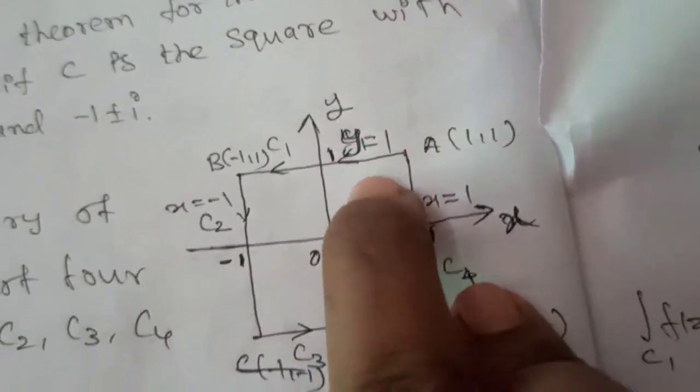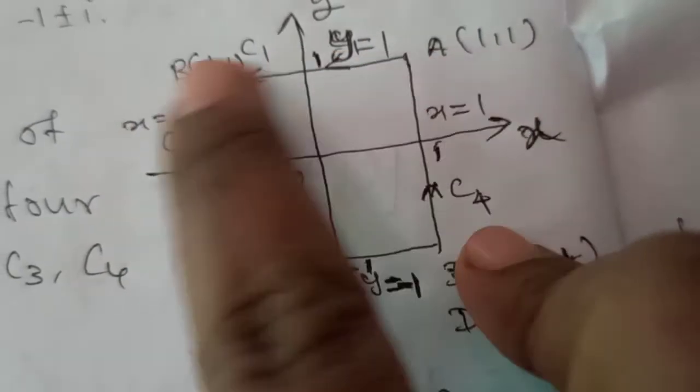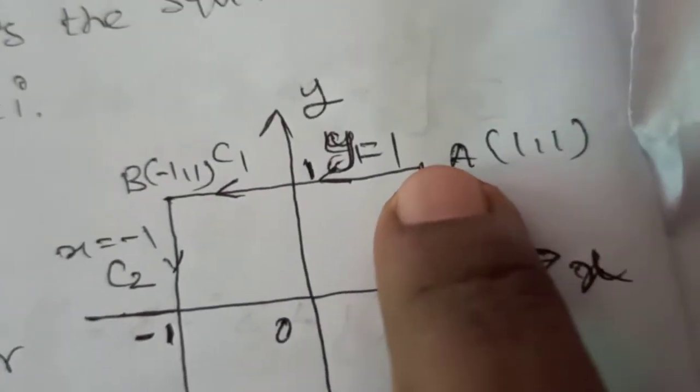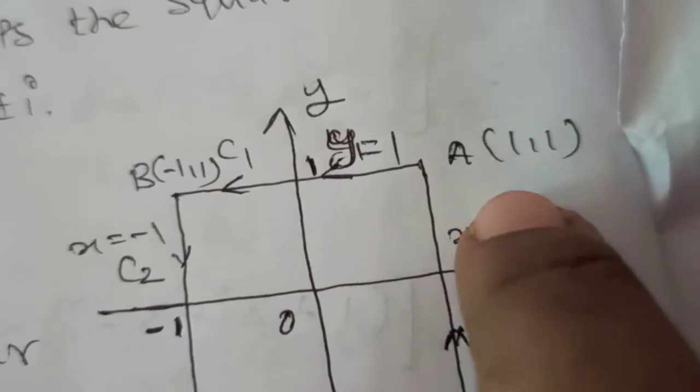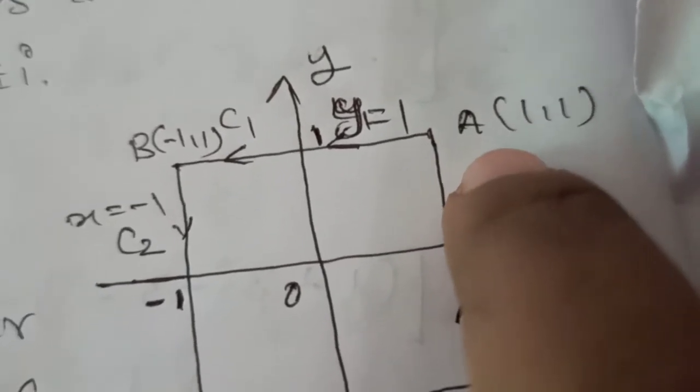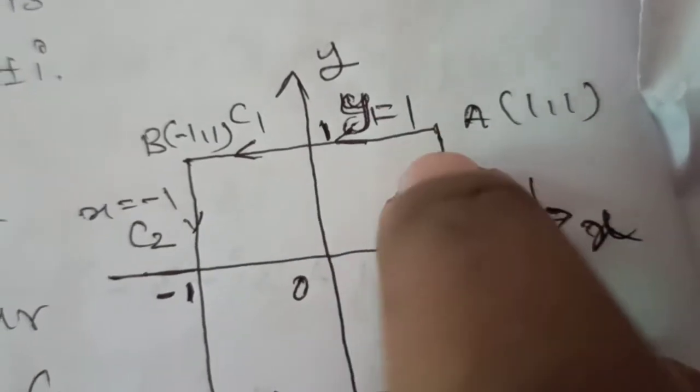Looking at the diagram, along C1, that is along AB, x goes from A to B, in the direction of the arrow. So x varies from 1 to minus 1.